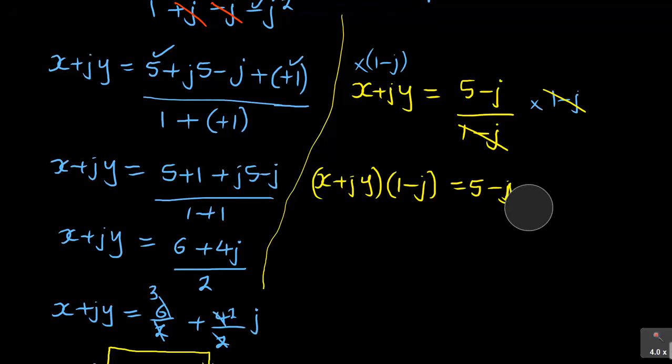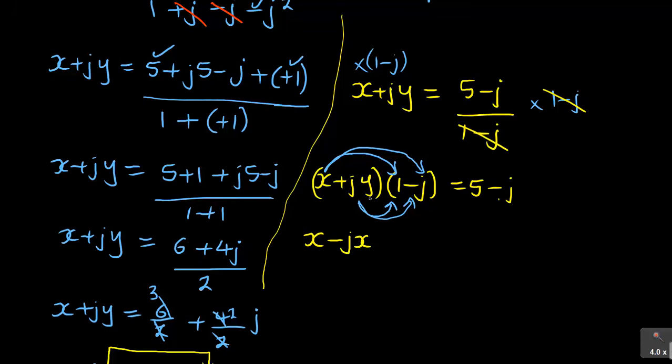So when you get that, you have now to expand, and let us expand the left hand side. You distribute x and you distribute also jy in that case. So what you have is x times 1, which is x, then x times minus j, which is minus jx, and then jy times 1, which is plus jy, and then jy times minus j, which is negative j squared y, is equal to 5 minus j.